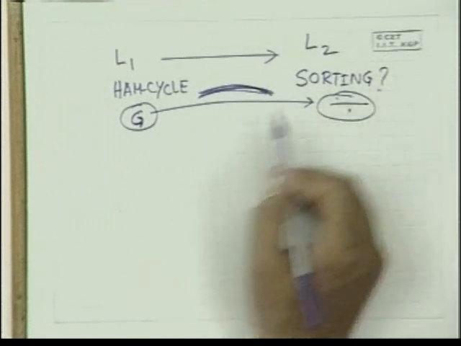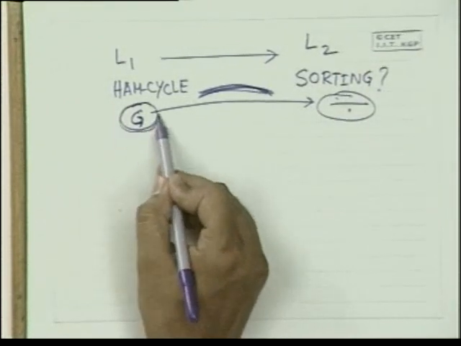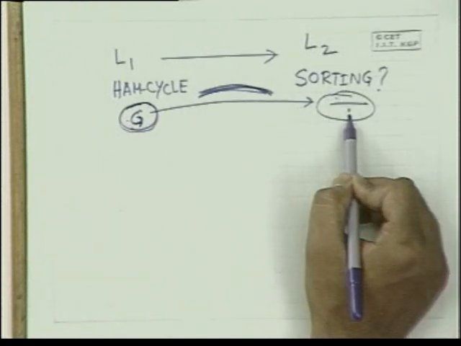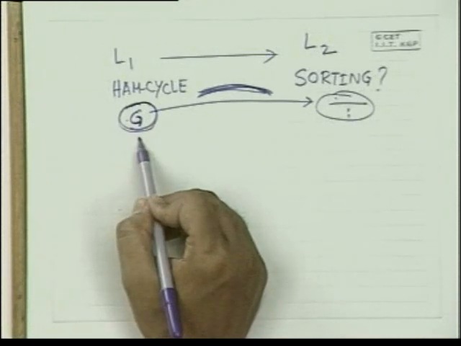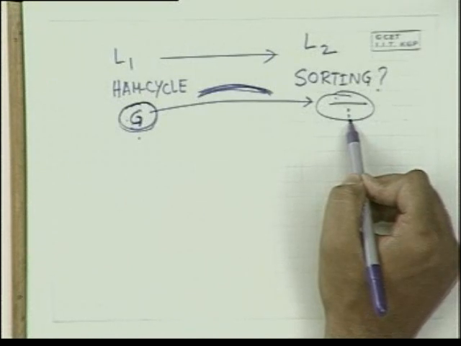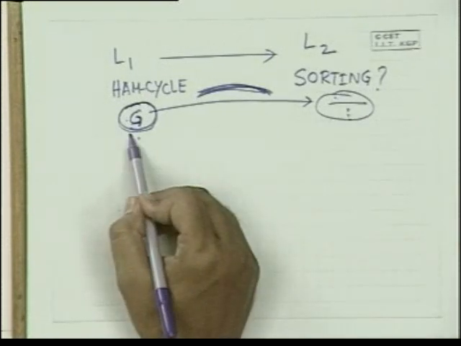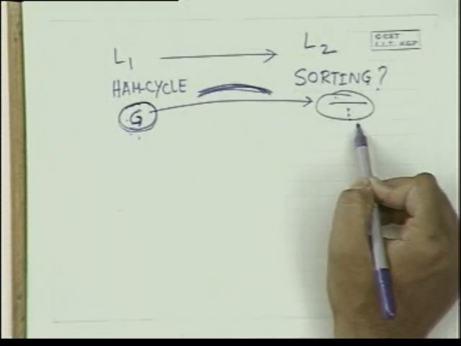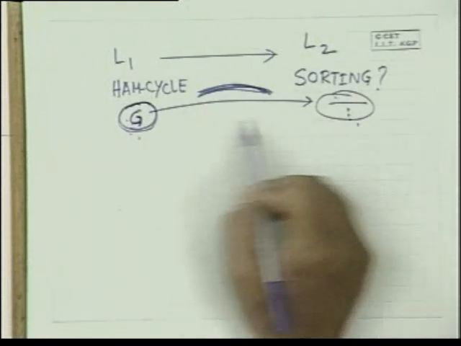So suppose I have taken the instance G which is Hamiltonian, its mapped version here must be sorted, because this is a yes answer. And if you take a graph which is not Hamiltonian, then its mapped version should not be sorted. So that's why this if and only if.